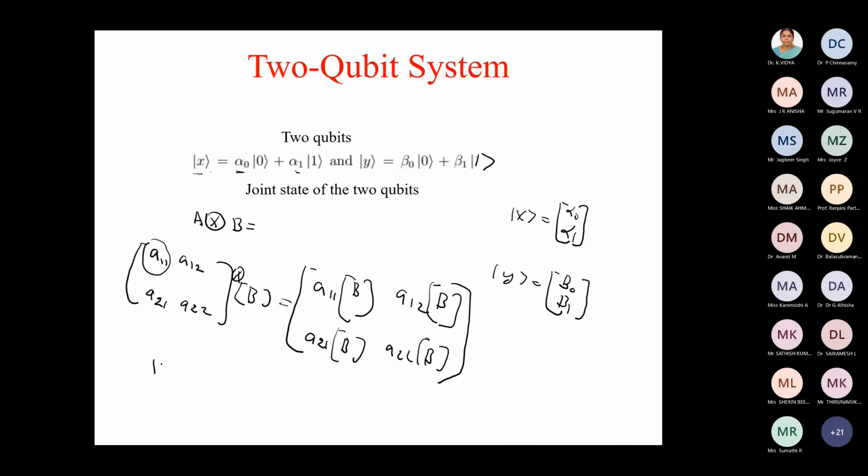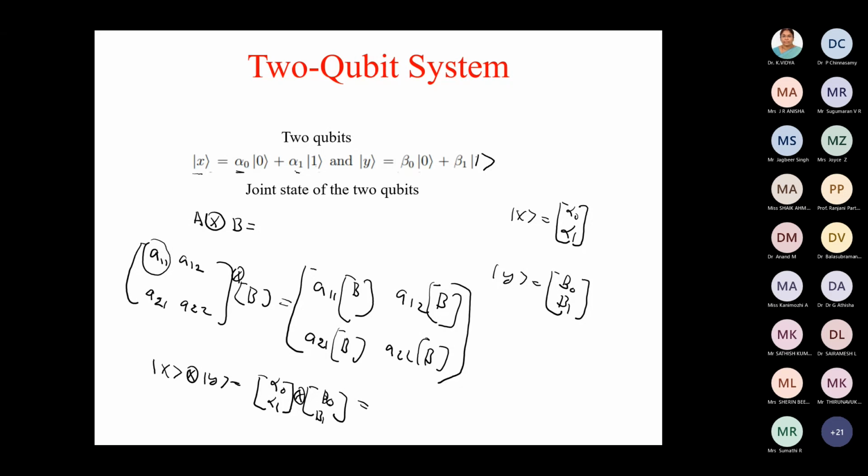So if I ask you to do the tensor product of these two states, what will it be? Here I will write alpha 0, alpha 1, and this tensor product will be with beta 0, beta 1. So what will it be?